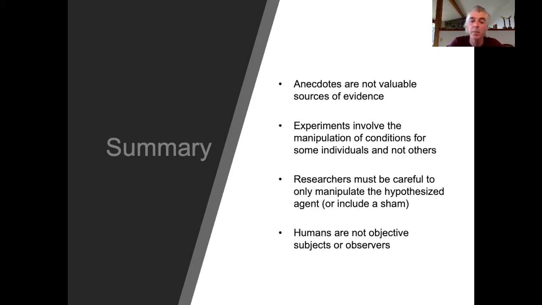We identified some potential pitfalls associated with experiments where the researcher might need to take particular care to not confound the experimental manipulation with some aspect of the technique or vehicle used to implement that manipulation. And finally, we talked about the various ways in which humans might be biased, either as subjects or observers, that we ought to be particularly careful of in designing our experiments.